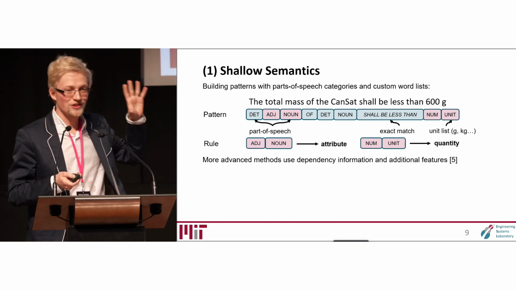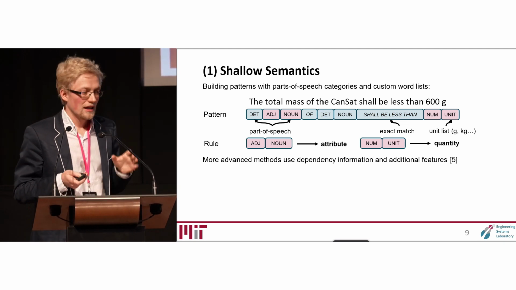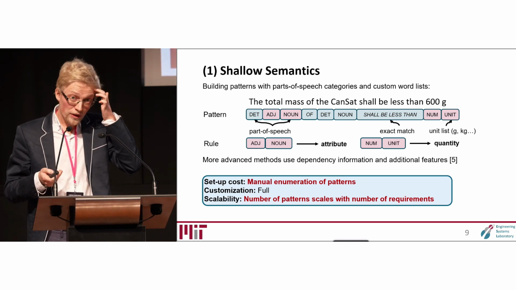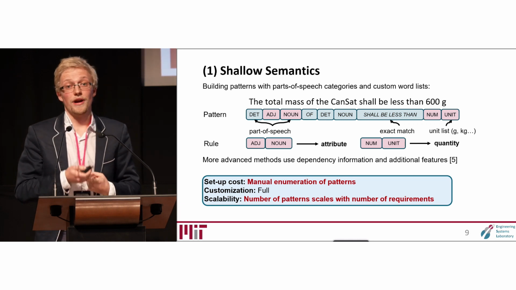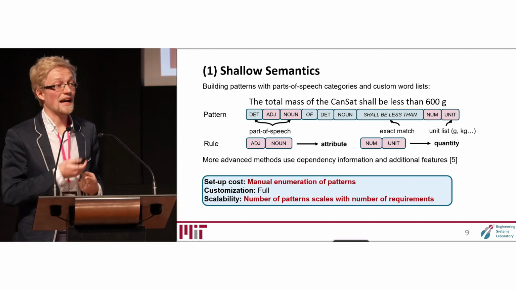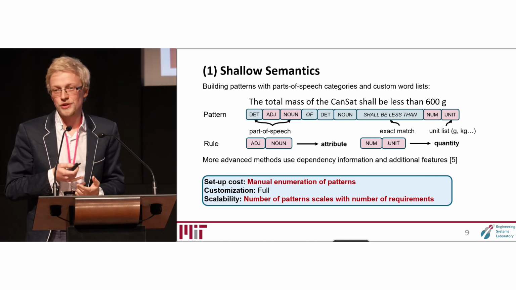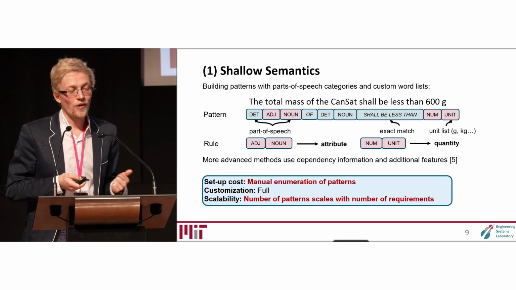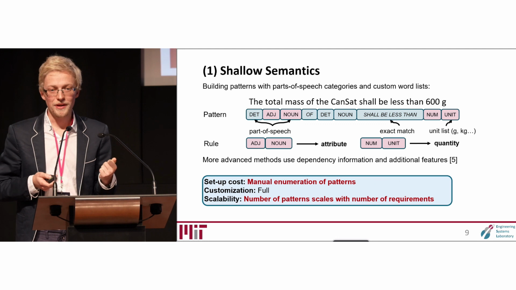And so this is just to give you the gist of it. There are more advanced methods, of course. And so from a very high-level perspective, going back to the metrics that we care about, the setup cost for applying this method is that you need to manually enumerate these patterns and set up the rules. Of course, you can customize this as much as you want, but in general, the number of patterns that you need scales with the number of requirements.